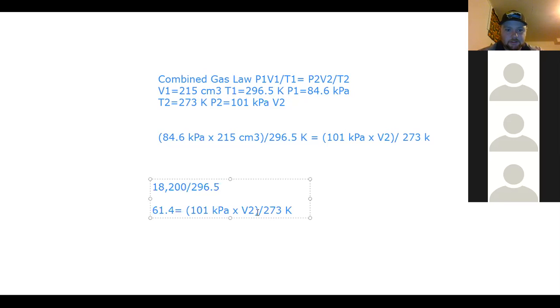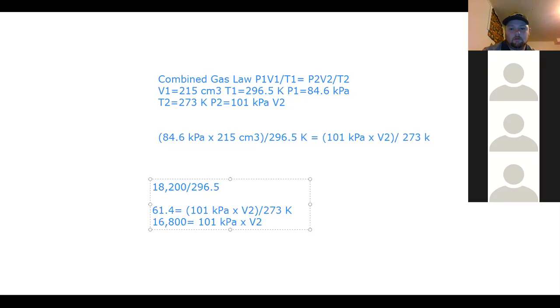Okay, and so you should get 16,800. So we have 16,800 is equal to 101 kPa times V2. Now all we have to do is divide both sides by 101.